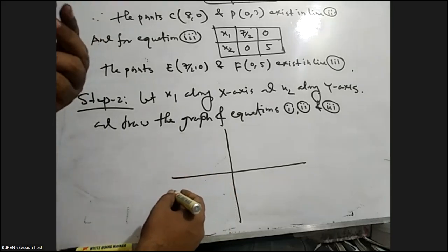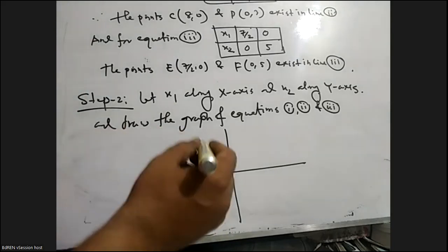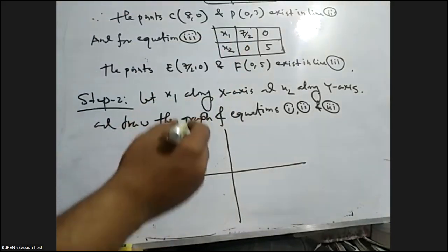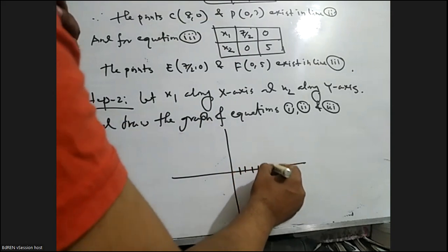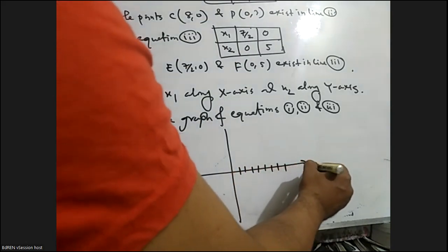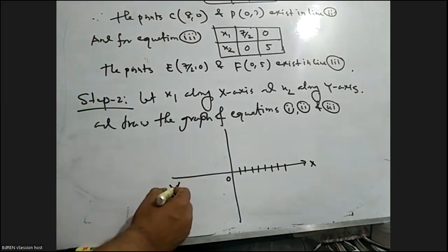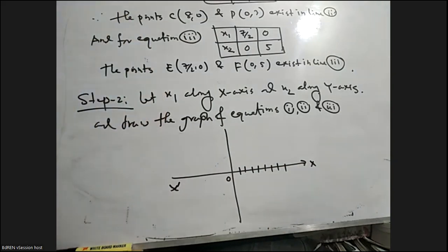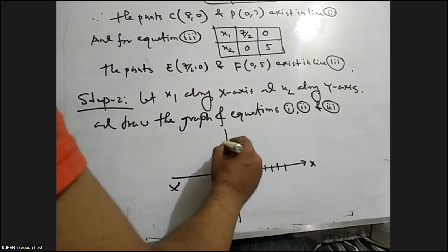For the first point, we got the point 4, 0. Actually, the highest point of x1 is 8: 1, 2, 3, 4, 5, 6, 7, 8. This is the x-axis, this is the origin, and this is the negative part of the x-axis. The highest value of y, or x2, is 5: 1, 2, 3, 4, 5.